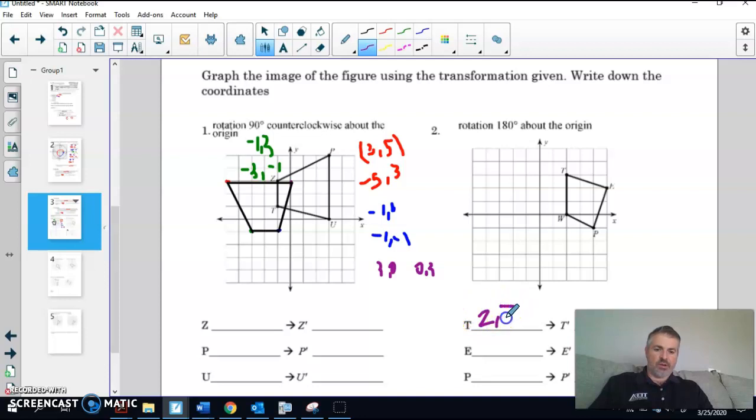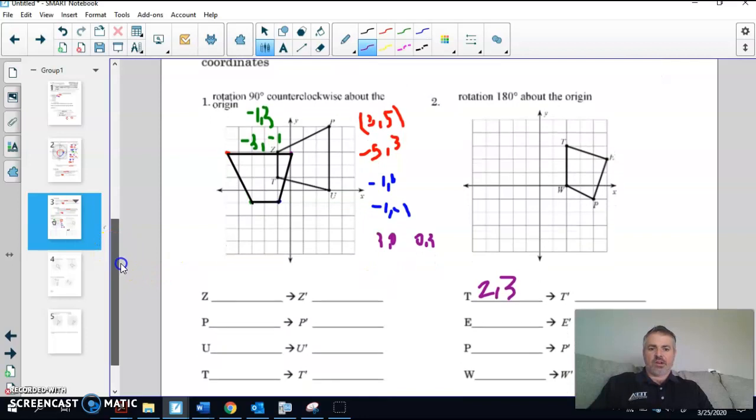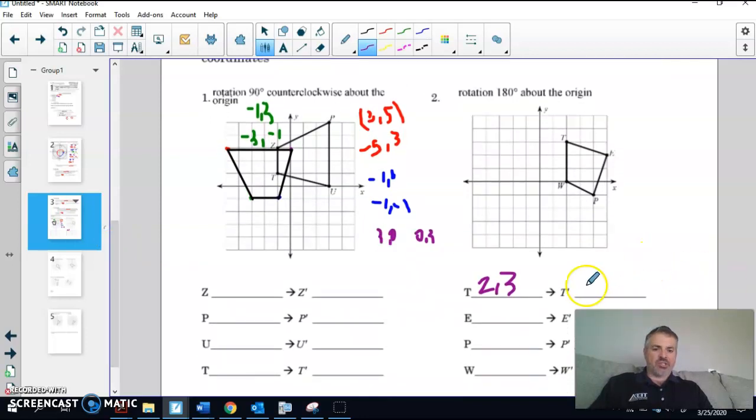My image point, using the pattern of no flipping, just changing signs, should end up at -2, -3. And -2, -3 is right there. So that's where T prime ends up.